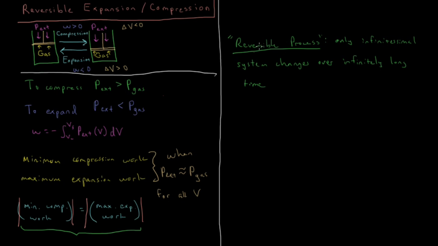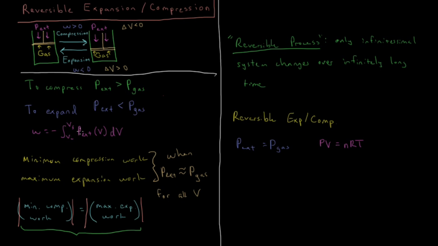Okay, so if we have reversible expansion or compression work, then we're going to say that P external equals P gas for all points along volume. We know that for an ideal gas, as we're assuming the cylinder to be, PV is going to equal nRT.